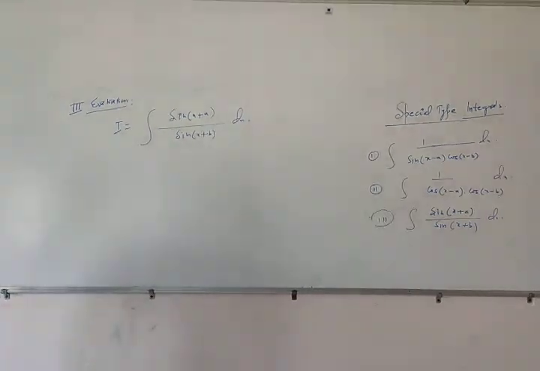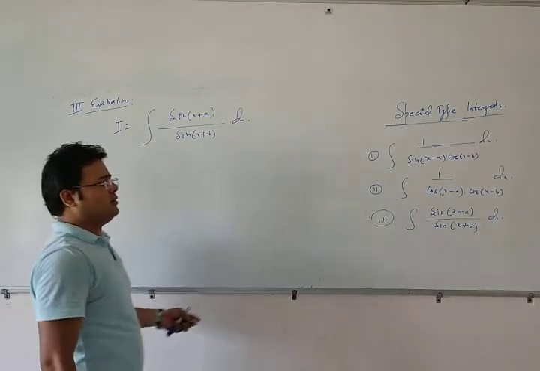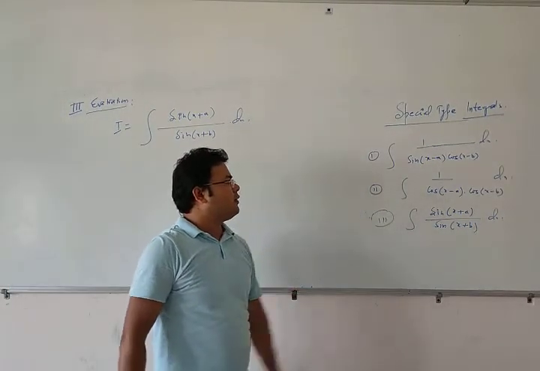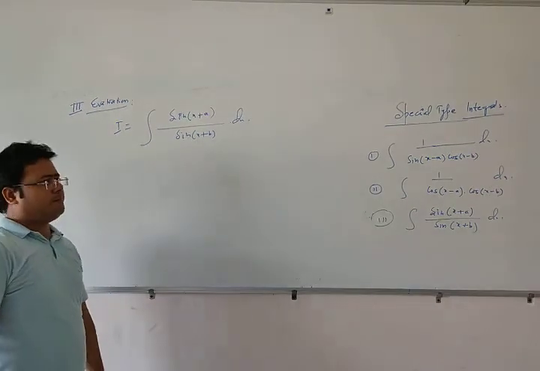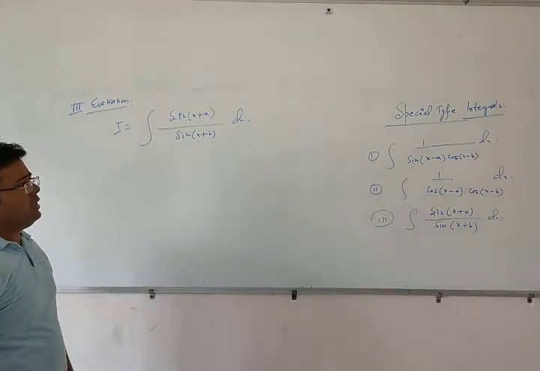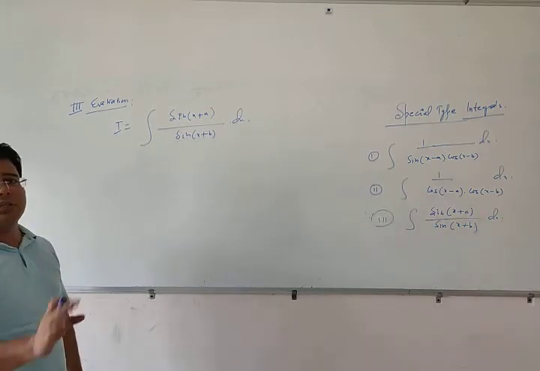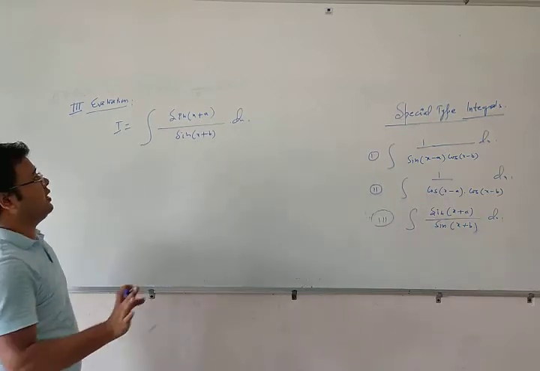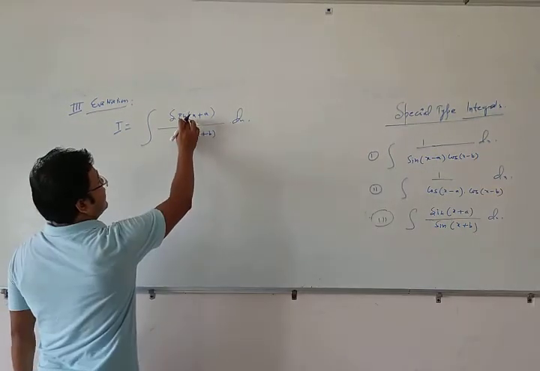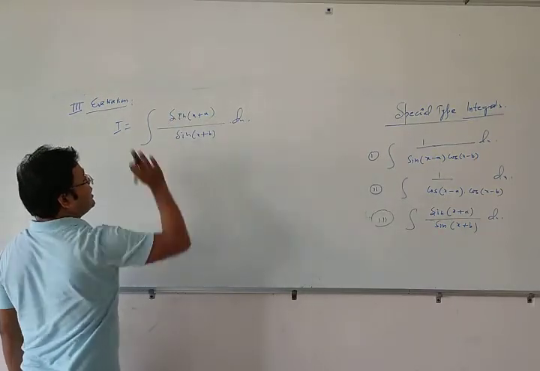This problem is different from the last two problems. In the last two integrals, the numerator is 1 and something is written in the denominator. But here there is something present in the numerator.